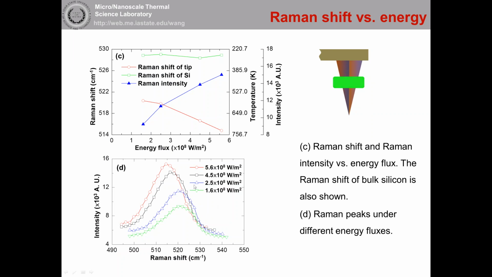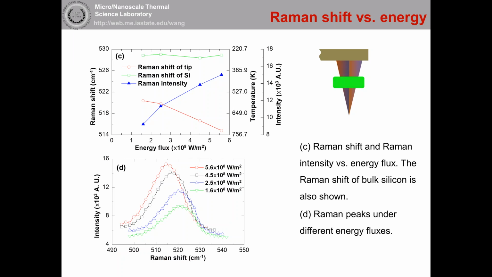If you make the energy higher, the temperature goes higher, so that's the second peak. And at even higher energy, the peak is here. This clearly shows the idea: if the temperature is higher, the Raman peak goes to the left.